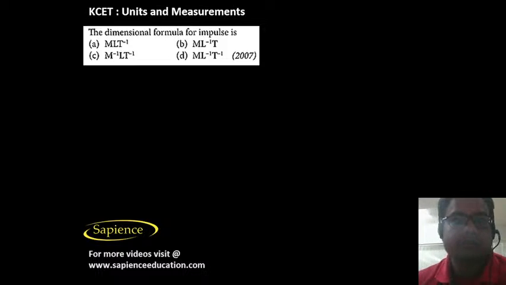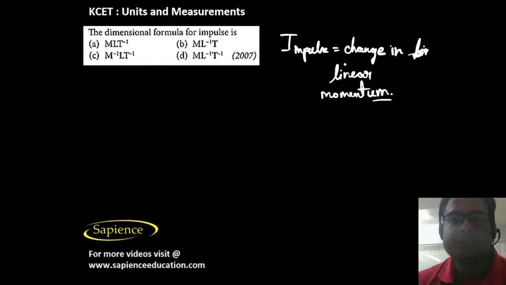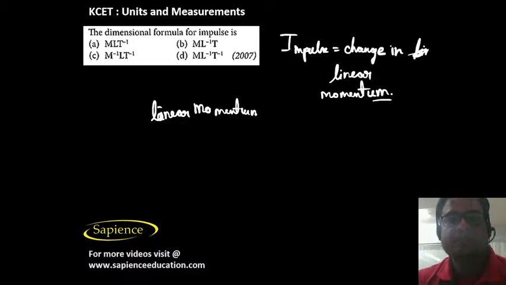Okay, then the dimensional formula for impulse. We know impulse is the change in linear momentum. Linear momentum is the product of mass and velocity.